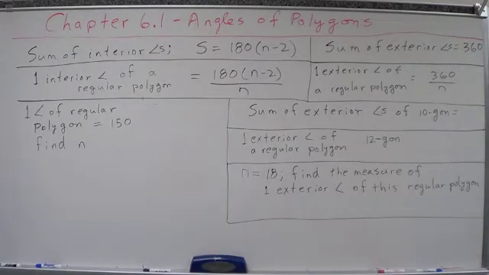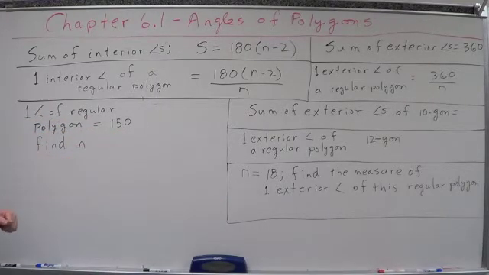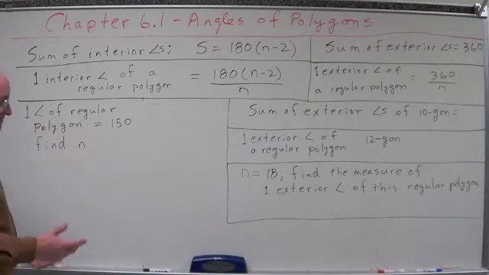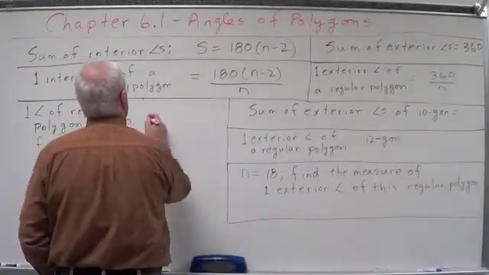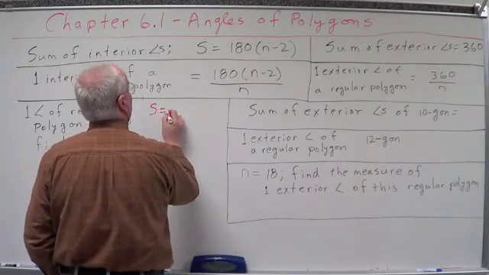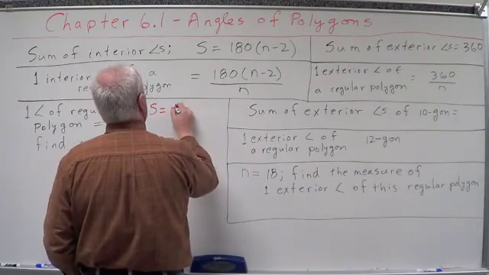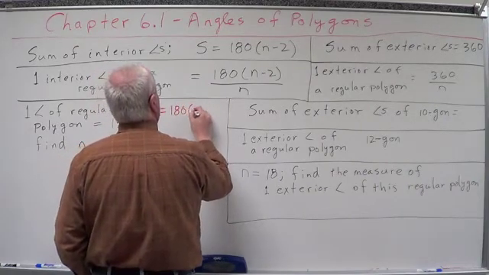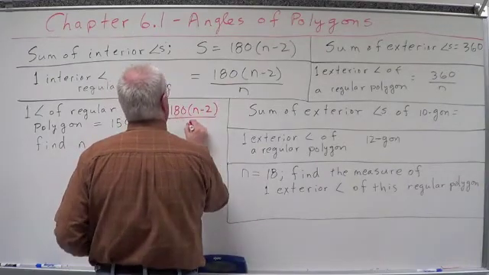Okay, a few more sample problems. Now what they want us to do is find n when one angle of a regular polygon equals 150 degrees. Well, what's our equation? Our equation is 180 times n minus 2, all divided by n.